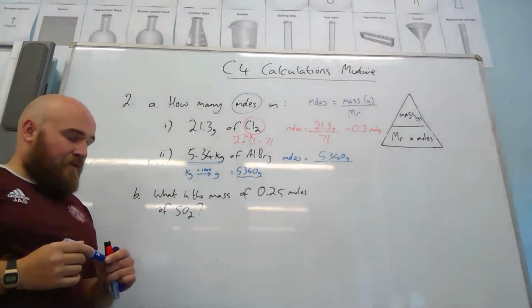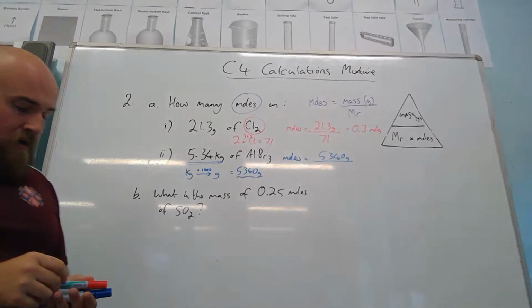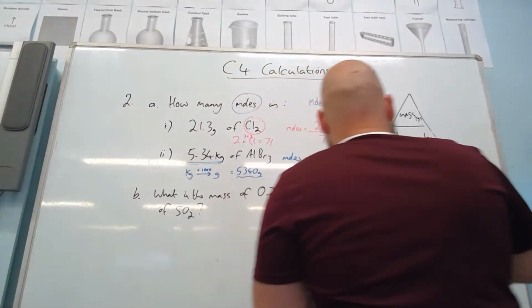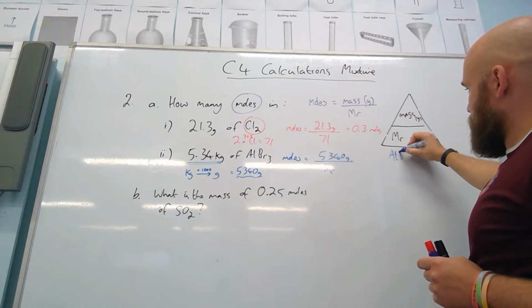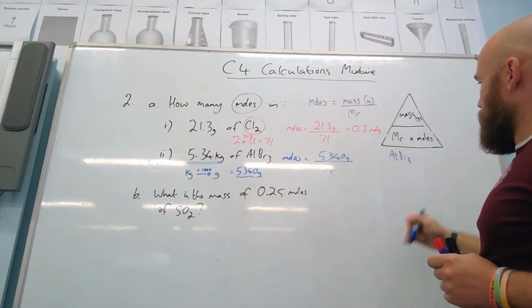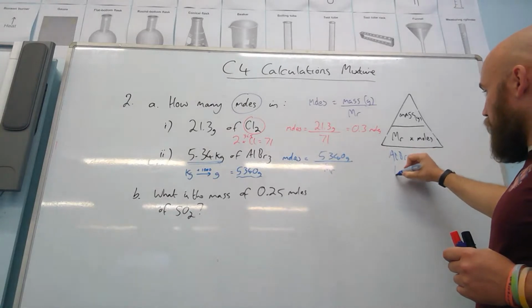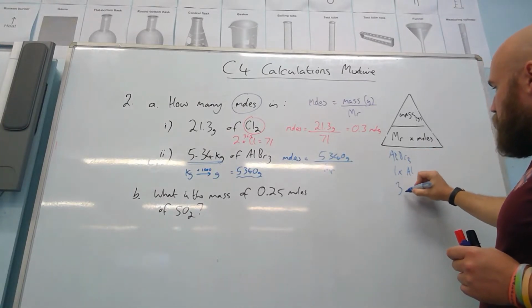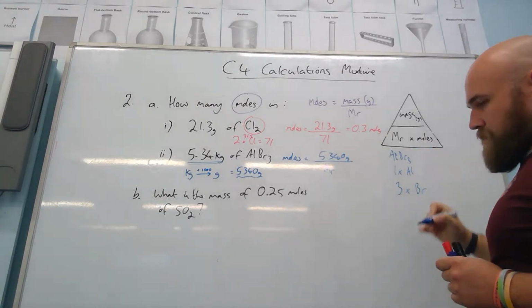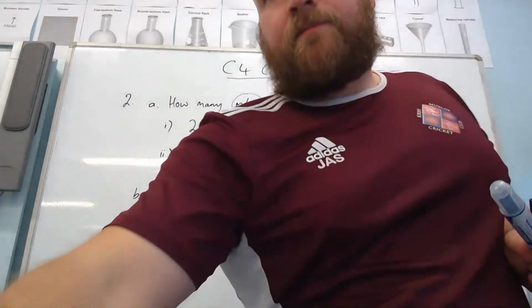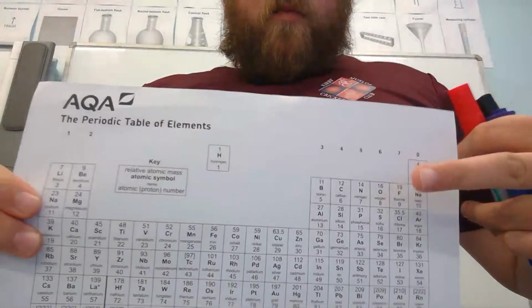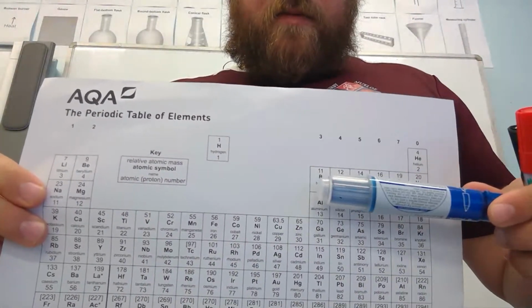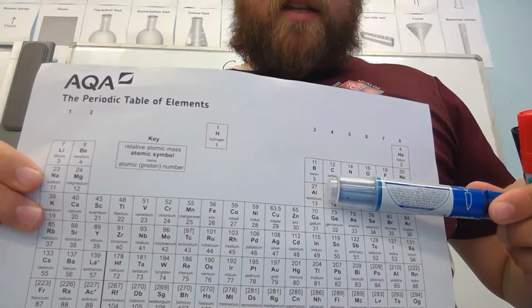Right, and again, now I need to work out the MR of AlBr3. So I'll do that working out over here. So what have I got in this compound? I've got 1 aluminium, I've got 3 bromines. So get my periodic table out. What does an aluminium atom weigh? So it should be there somewhere. 27.